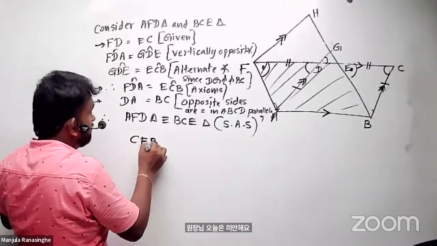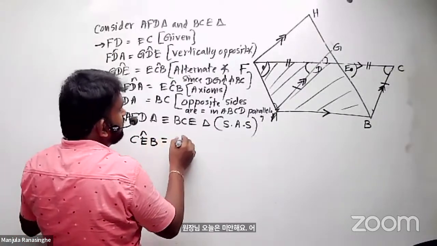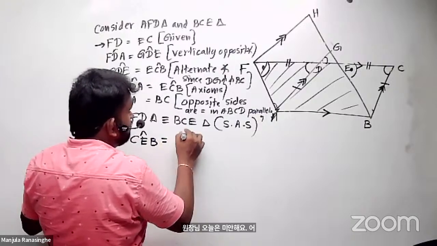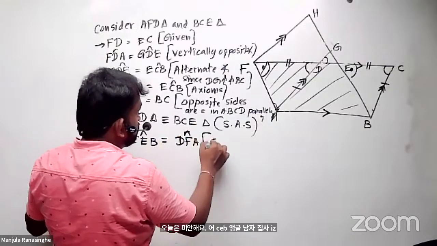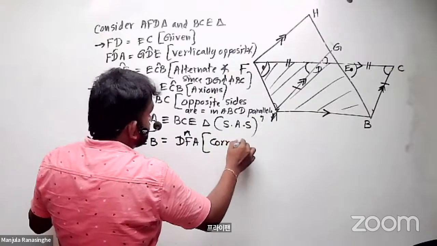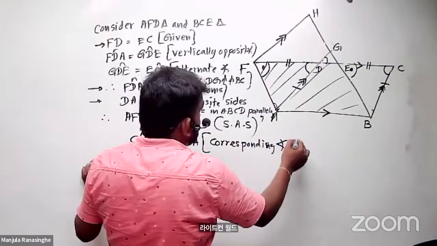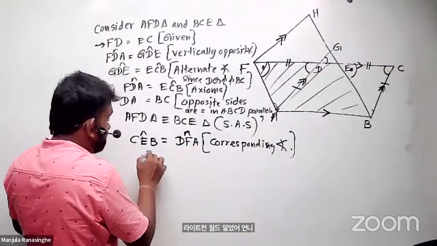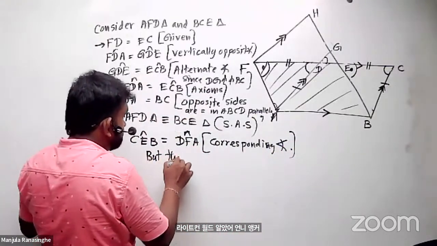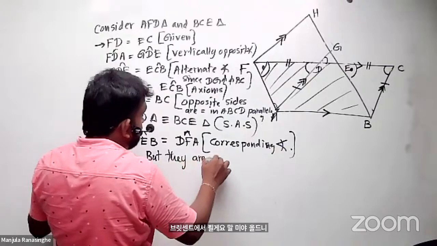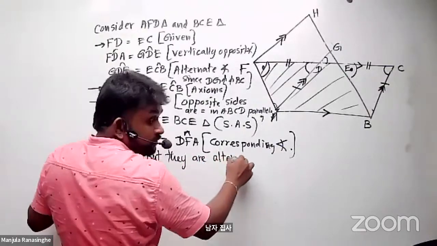CEB angle equal DFA angle, right? Corresponding angles of congruent triangles, but they are alternate angles.